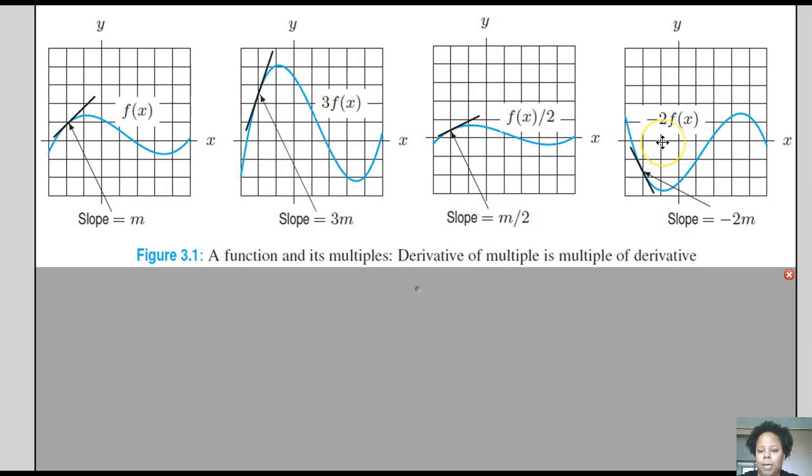And if I do two types of transformations, vertically stretching it as well as reflecting it by multiplying the function by -2, that also affects the slope of the tangent line at that point. Since derivatives can be calculated as the slope of a tangent line at a point, we can come up with an expression for the derivative of a multiple of a function.